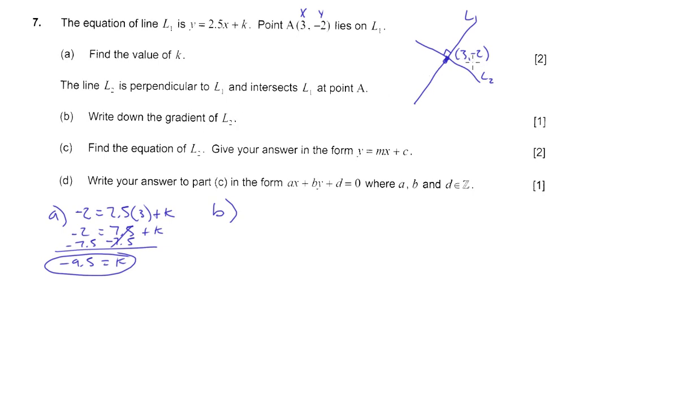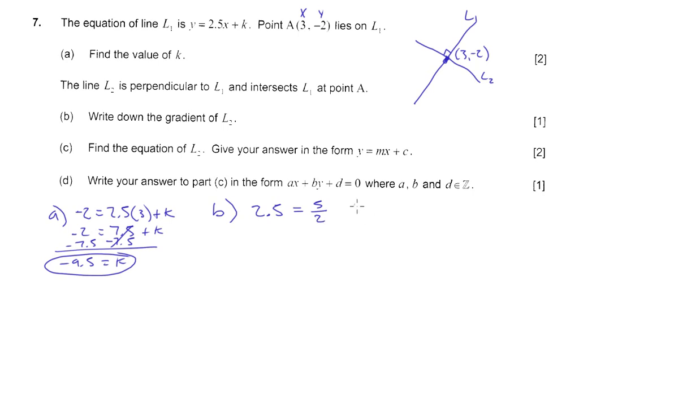If it's perpendicular to L1, and the slope of L1 is 2.5, what we want to do is take the negative reciprocal: flip it over and switch the sign. So I'm going to turn 2.5 into a fraction to make it easier to flip over. 2.5 is the same thing as 5 halves.